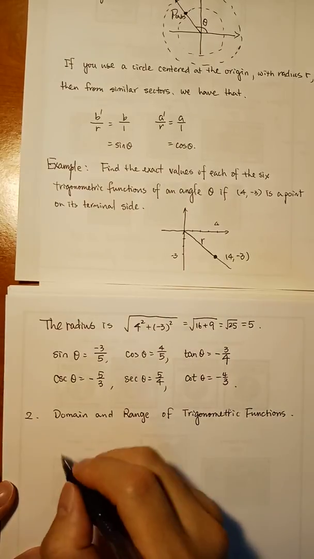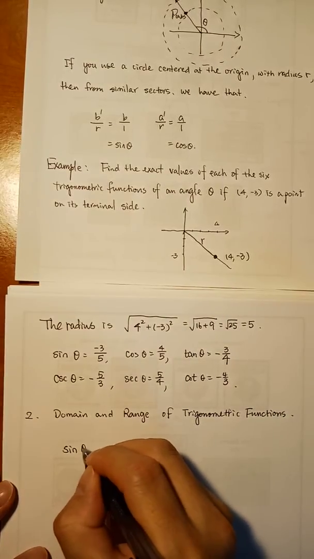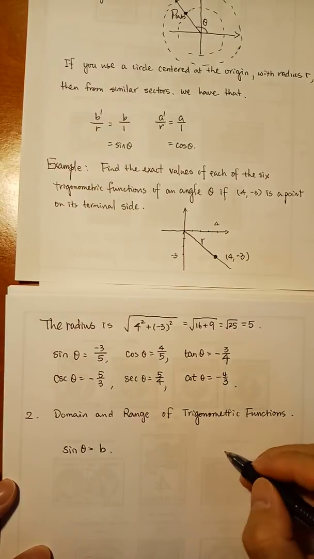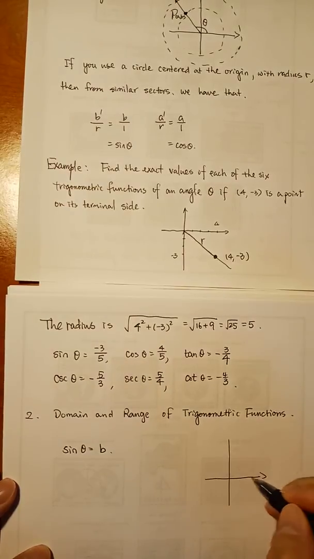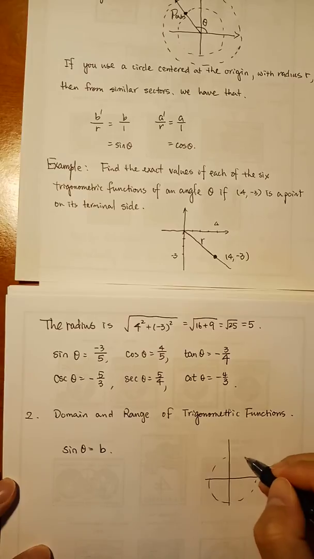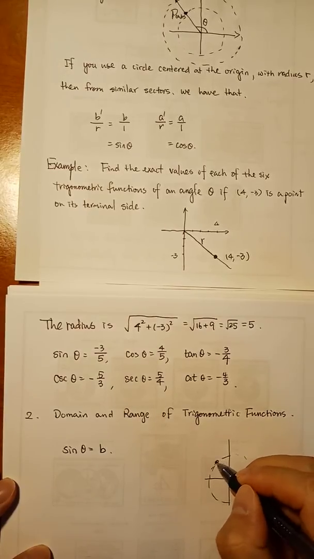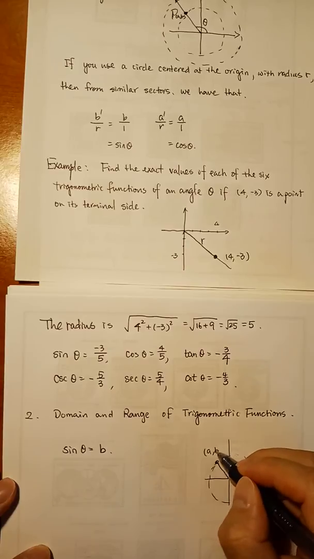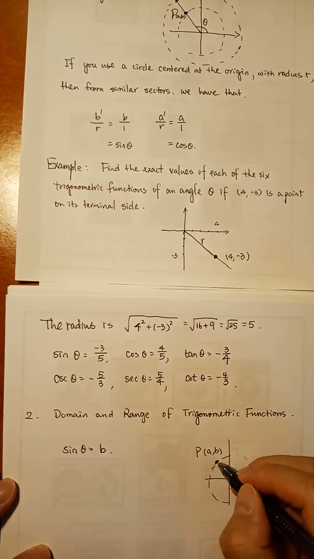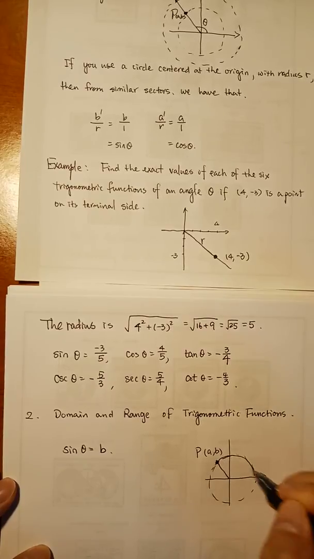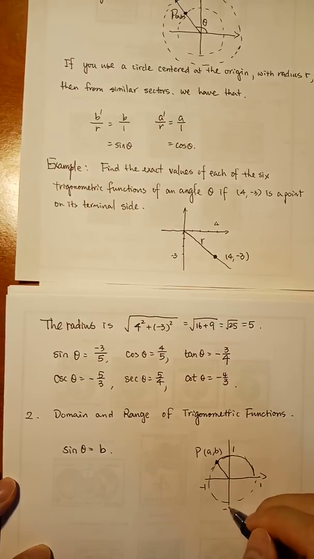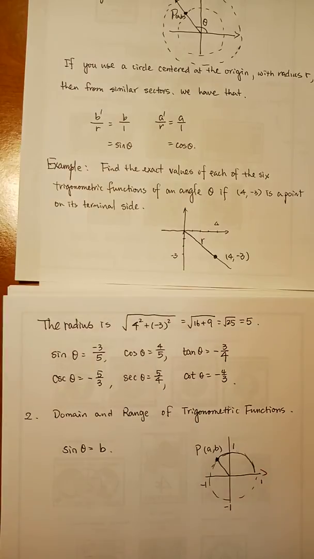Well, first of all, sine. Remember, sine is equal to b. That's just this point. And this is the unit circle. Again, it's a unit circle. Sine is equal to b.